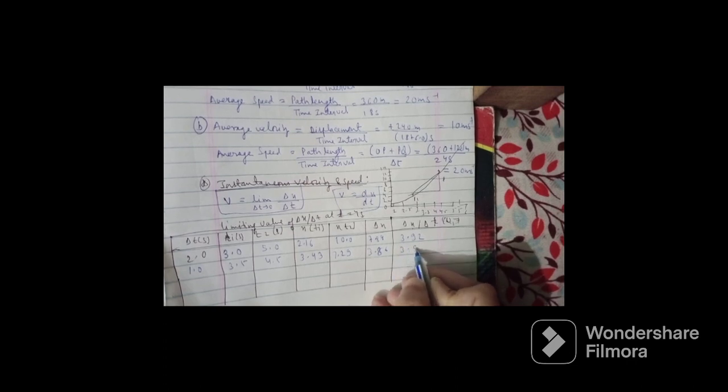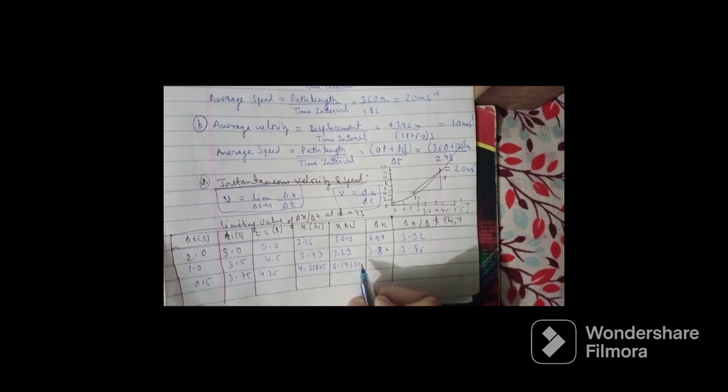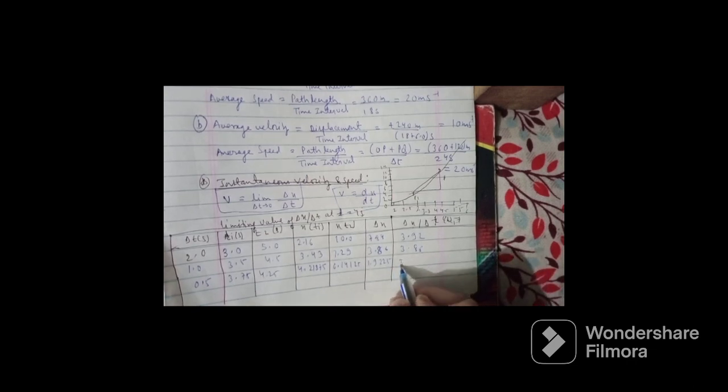Now when delta t is 0.5, t1 is 3.75, t2 is 4.25, x(t1) is 4.21875, x(t2) is 6.14125, delta x is 1.9225, and delta x by delta t is 3.845.